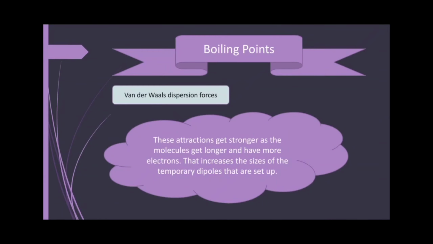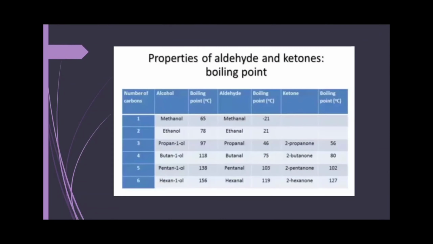That increases the size of the temporary dipoles that are set up. This is why the boiling points increase as the number of carbon atoms in the chains increases, irrespective of whether you are talking about aldehydes or ketones. Here in the table, we can see that the higher the number of carbons, the higher the boiling point.